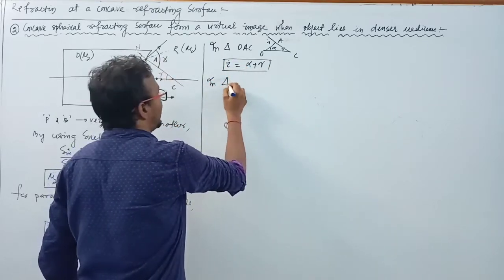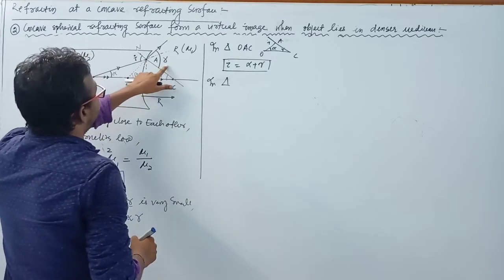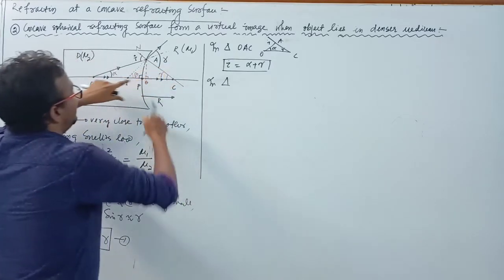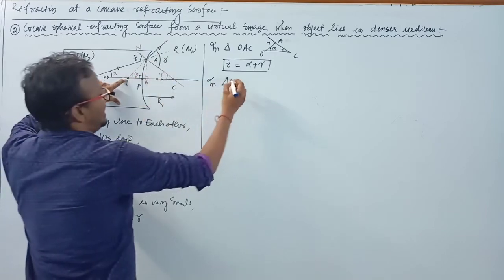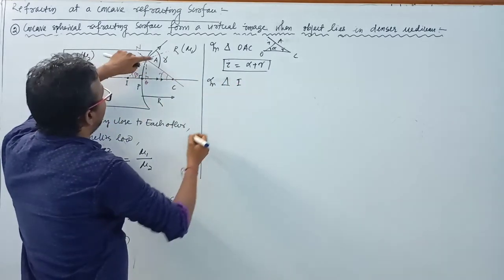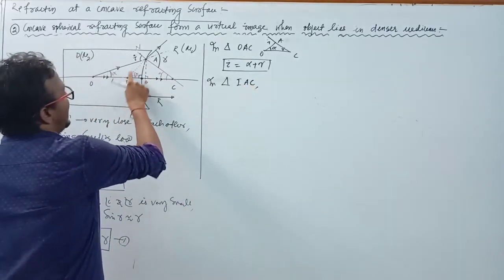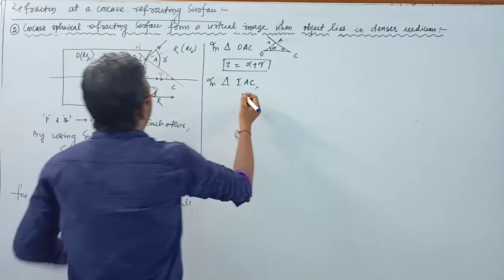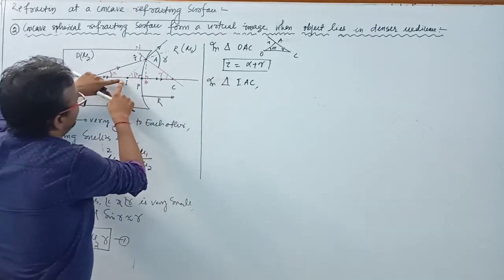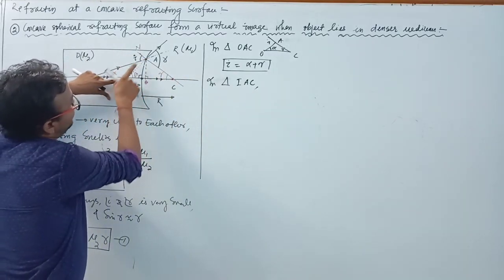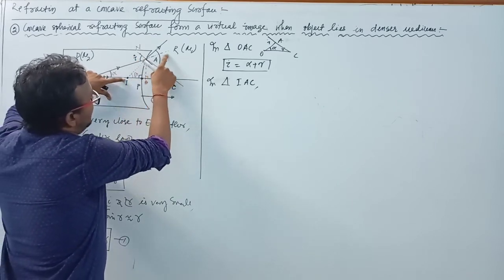Now again we have to find the angle of refraction R. Look at this angle R and at triangle IAC. In triangle IAC, R is the exterior angle, and the interior angles are beta and gamma.